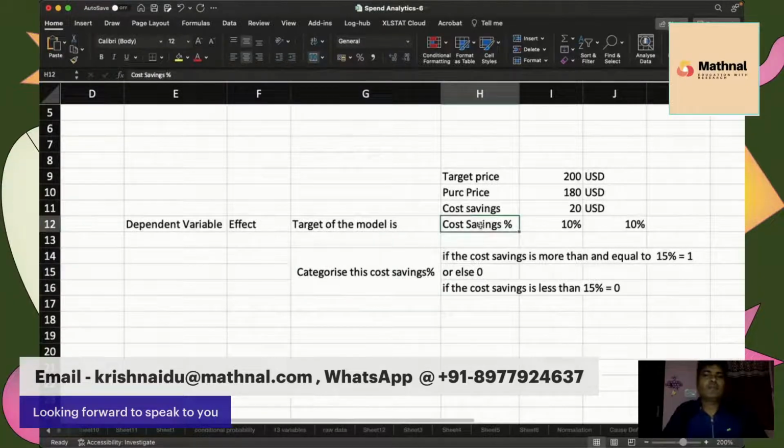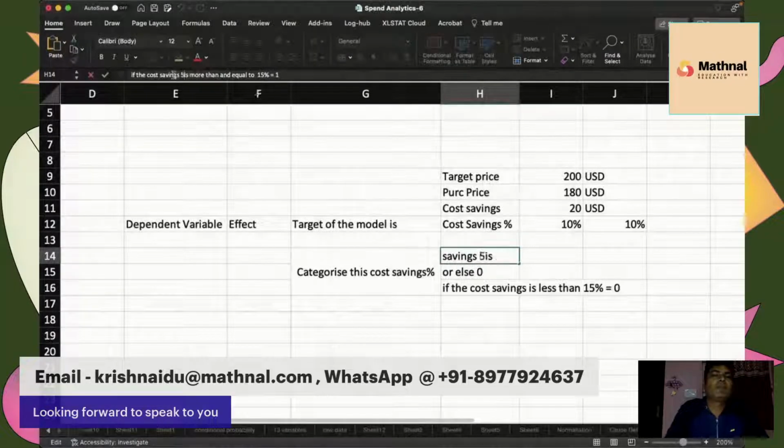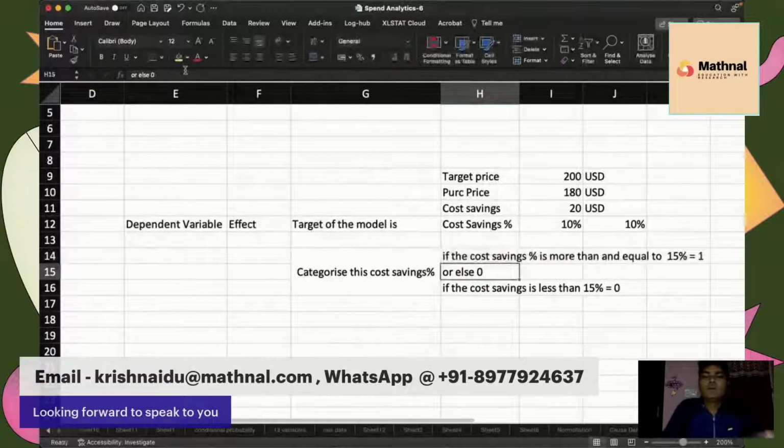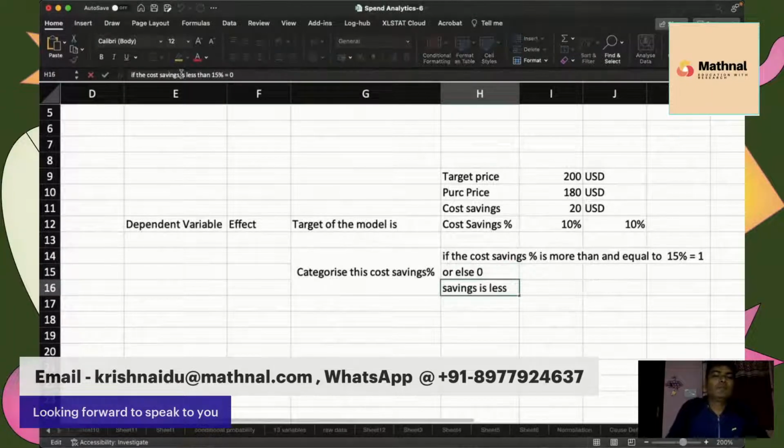So whenever the cost saving is more than or equal to 15%, we define this as 1. If the cost saving percentage is less than 15%, we'll define it as 0. Right?